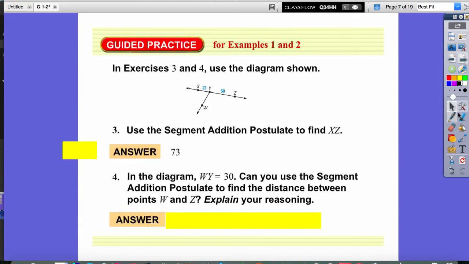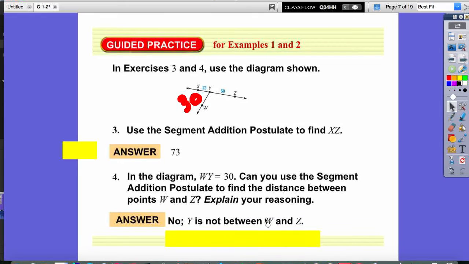And in the diagram, WY is 30. Can you use the segment addition postulate to find the distance between W and Z? Okay?